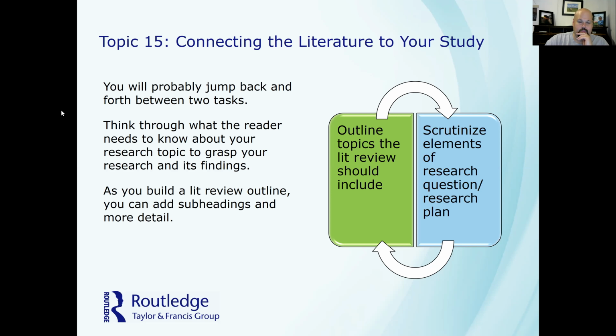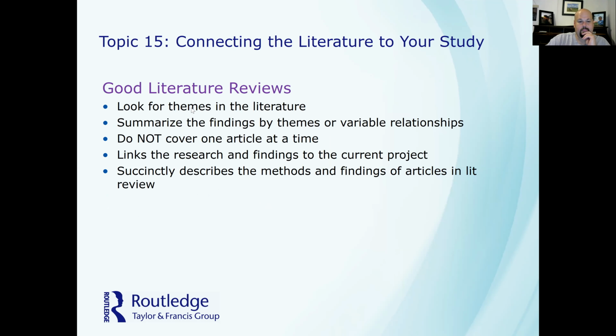As you build a literature review outline, you can add headings in more detail and split things up. Within the sexual assault research, I'll talk about rape myths, expectancies, and jury research. Those are each different components, all looking at the same basic idea. Good literature reviews tend to have themes.